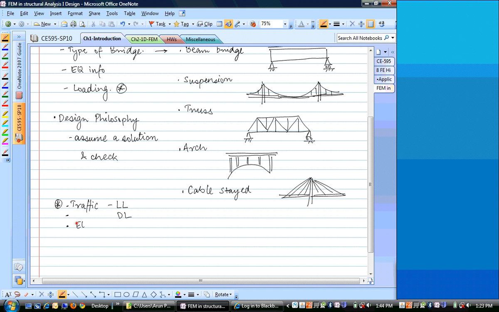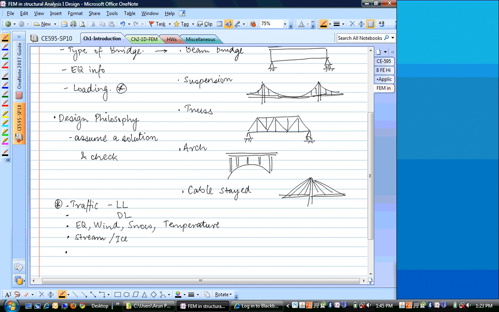There could be earthquake loading, wind, snow, and temperature changes. Stream and ice. So that's your hydraulic loading for the bridge.